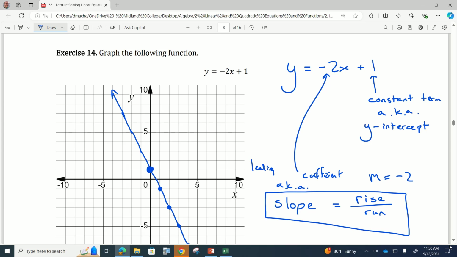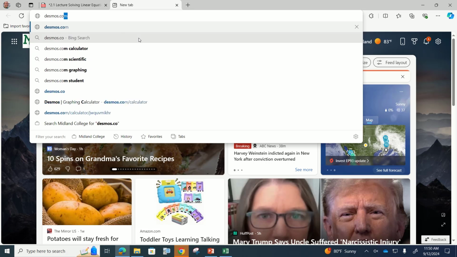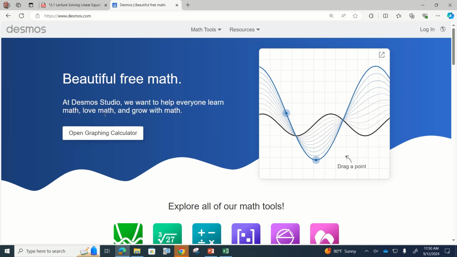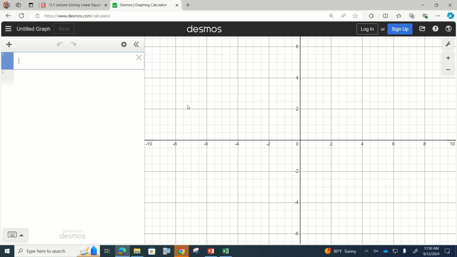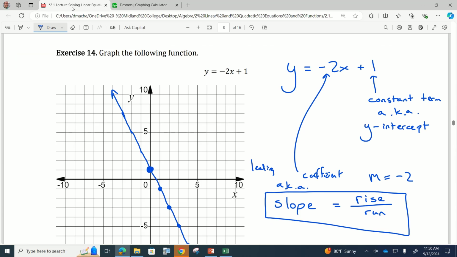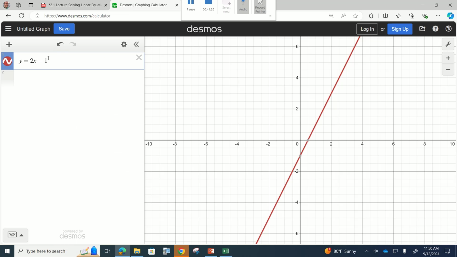And I want to point this out too, because you might want to check your work on your homework, right? I'll try to post solutions, but in case I don't, how do you check your work on graphing problems? Go to desmos.com, D-E-S-M-O-S. I have this typed on the back of your homework page. And then you just type in what we're doing, which was, hold on, negative 2x plus 1.